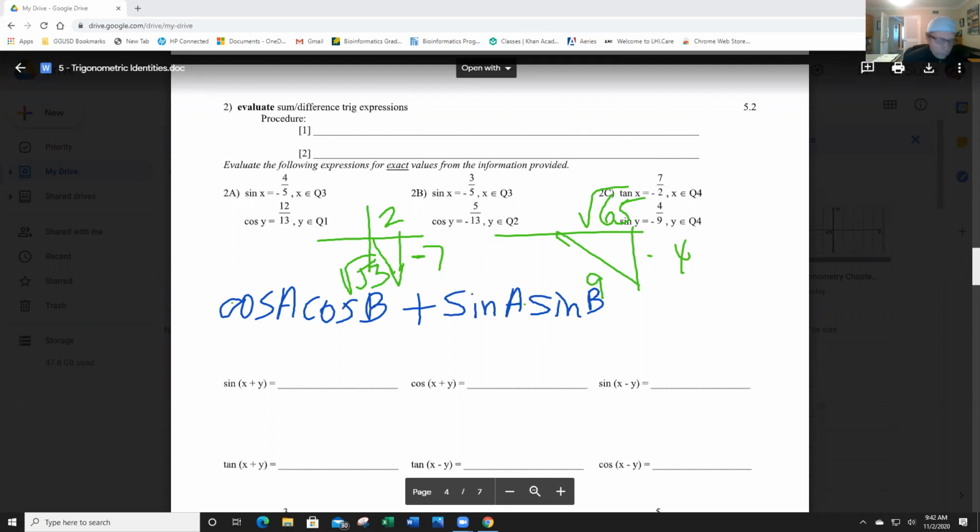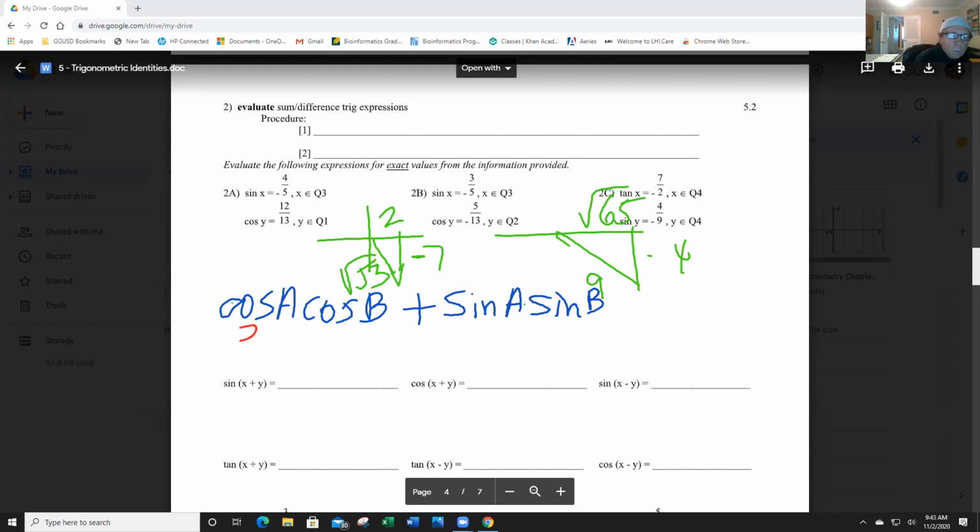All right, so the cosine of a and b. I'm going to change colors here one more time for you.